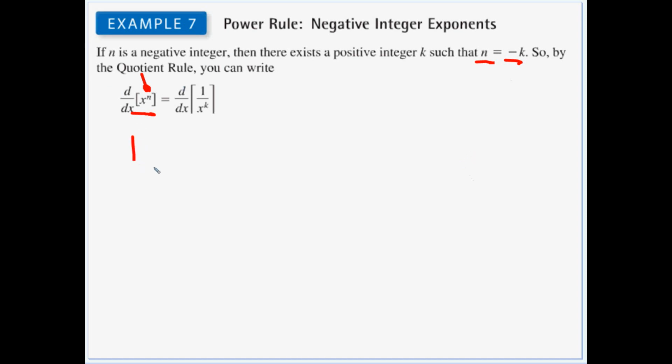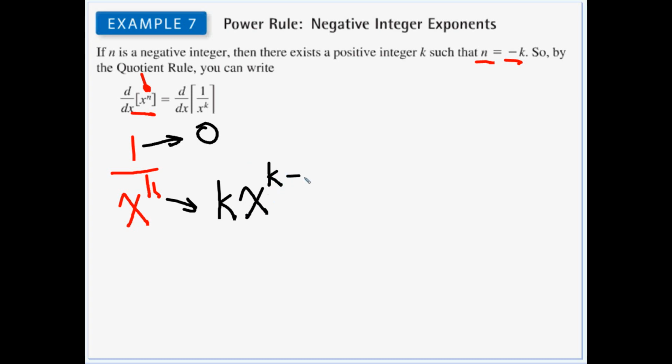I'm going to just rewrite this a little bigger. 1 over x to the k. Now if we do the quotient rule on this, the derivative of the high function, 1, is just a constant, derives to nothing. Down here, if we derive x to the k power, we bring the exponent down front, so that would now be k times x to 1 power lower. We'll take the old exponent k and subtract 1.